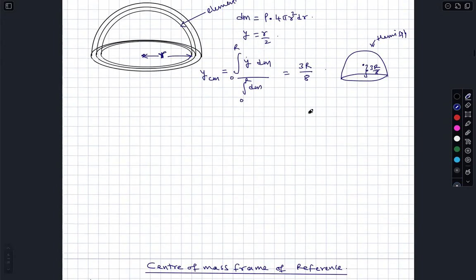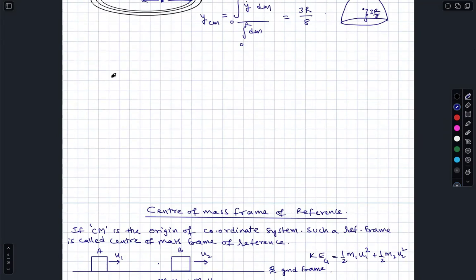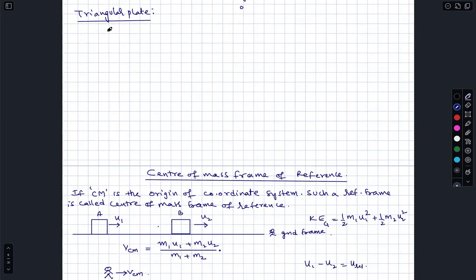Okay, one more important, triangle also. For a triangular plate, for a triangular plate also, we will need to do it. So you have, let this be the y-axis and let this be the x-axis.